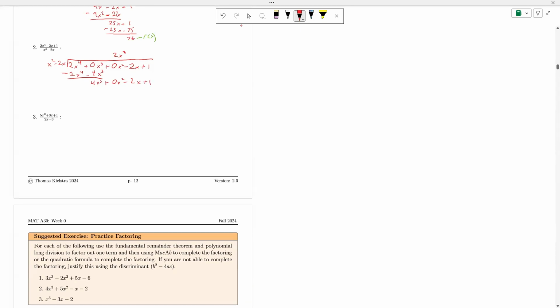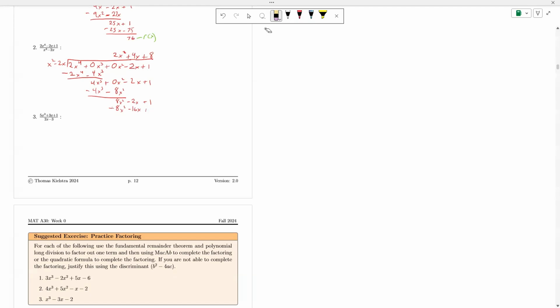And x squared goes into 4x cubed 4x times, giving us 4x cubed minus 8x squared, which when we subtract gives us 8x squared minus 2x plus 1. And x squared goes into 8x squared 8 times. That gives 8x squared minus 16x, sorry.